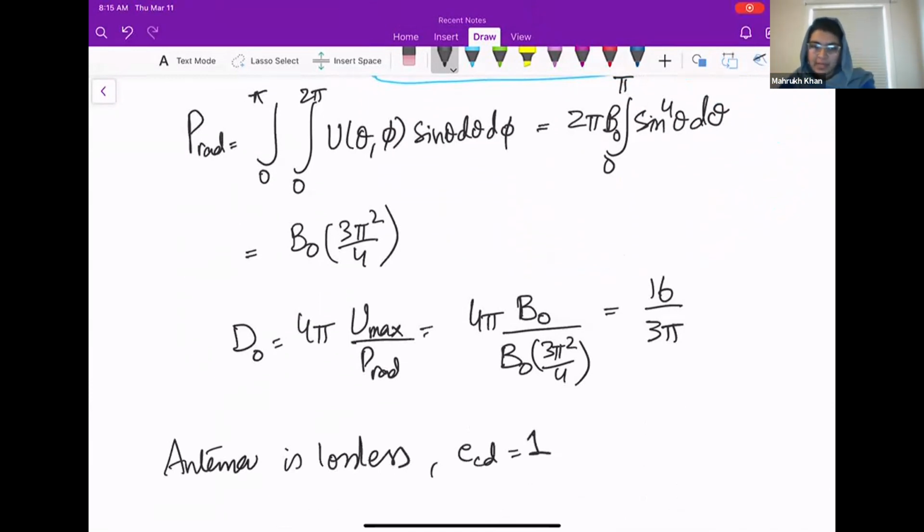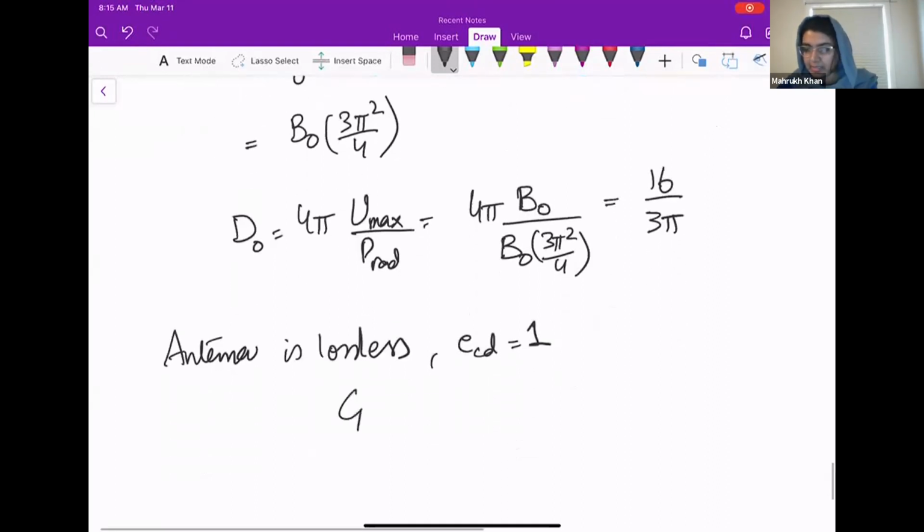So we are good with that. Okay, next. What this means actually is that your maximum gain is equal to D naught. So your gain is actually equal to D naught. And this is a linear quantity.